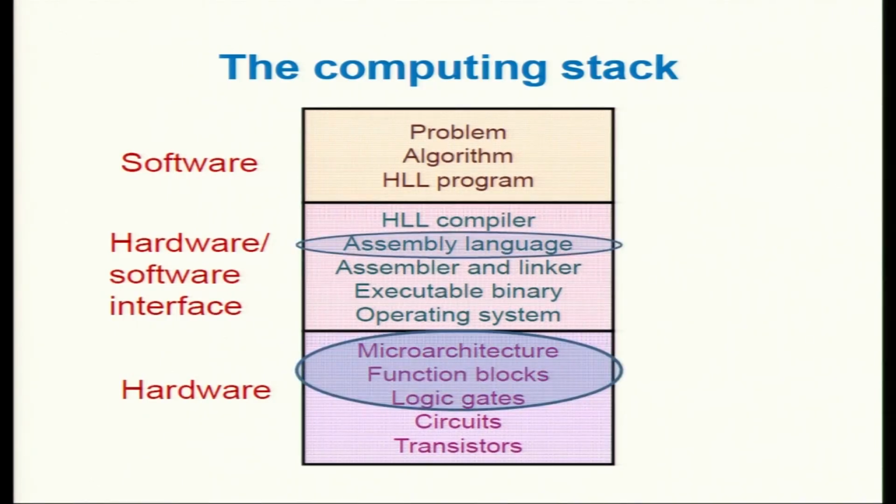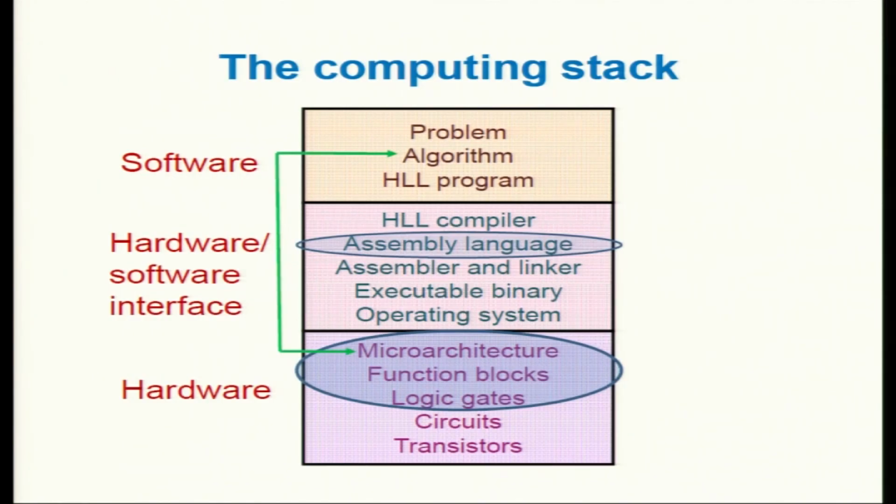So this is what consists of computer architecture: knowledge of assembly language, microarchitecture, function blocks, and logic. So this is roughly what computer architecture means. And some of you may not have heard of the term microarchitecture. So the microarchitecture essentially implements some algorithm, as simple as that.